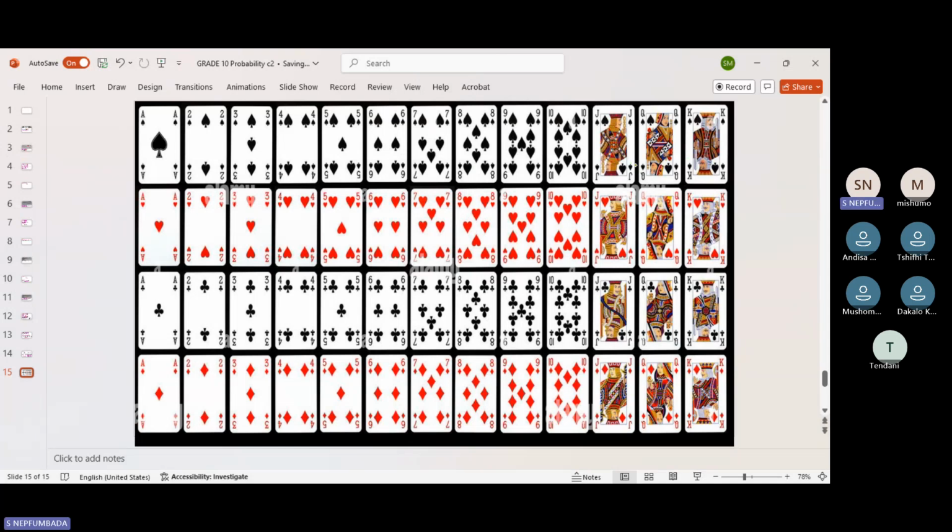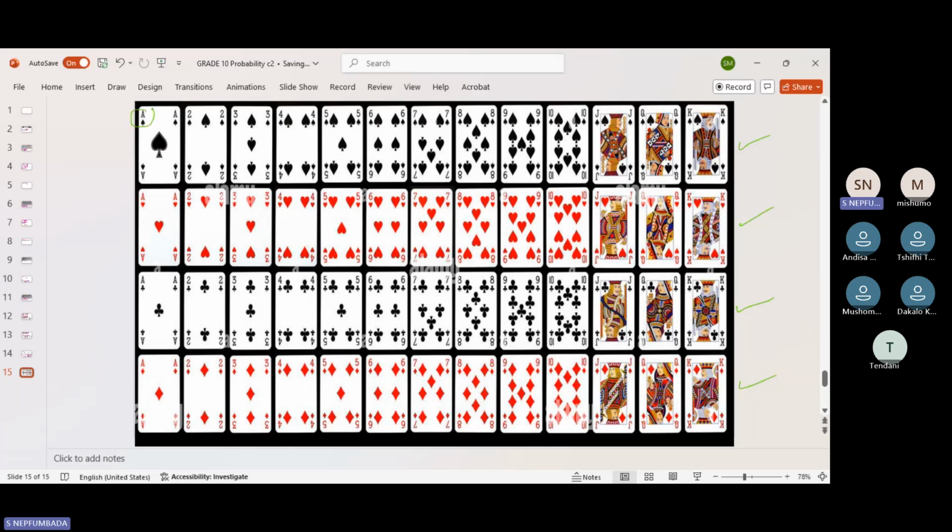If we are talking about spades, there are 13 spades. If we are talking about hearts, there are 13 hearts. Clubs, there are 13 clubs. Diamonds, there are 13 diamonds. So each number has got 4 different suits.